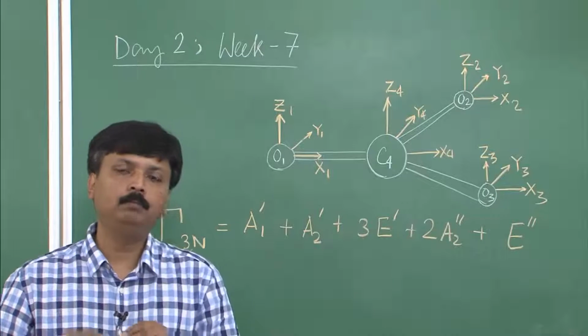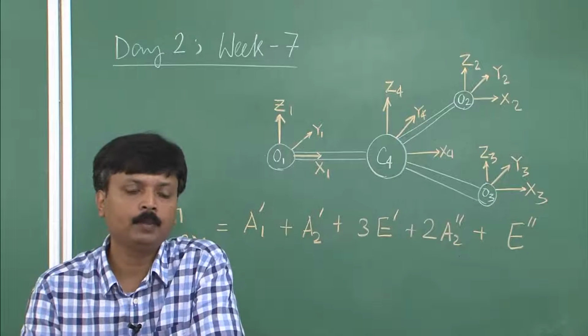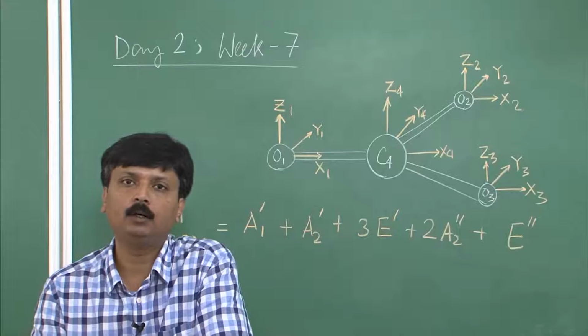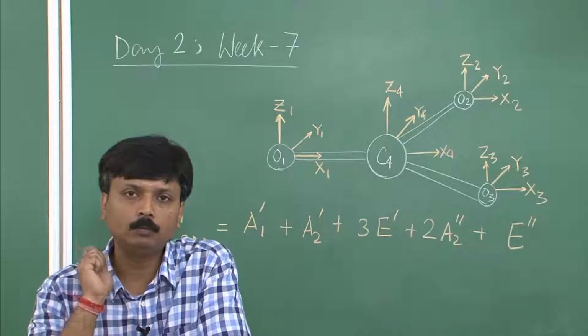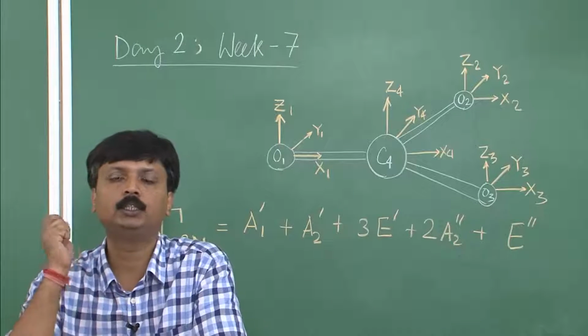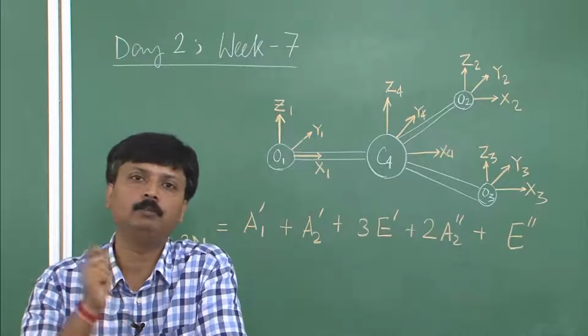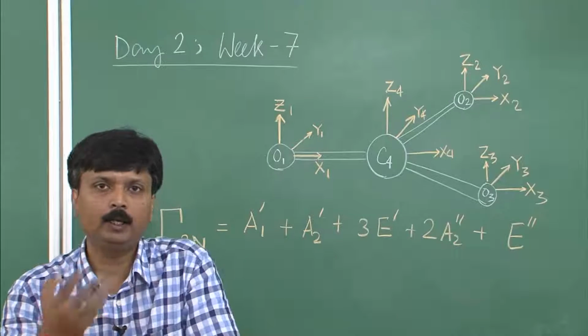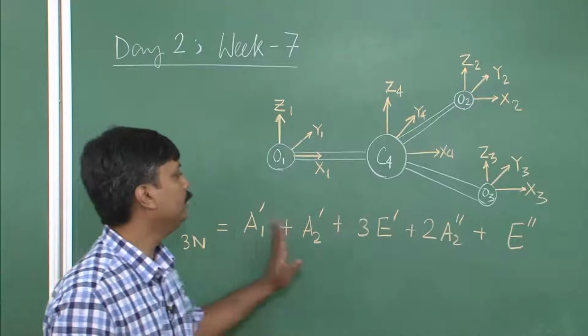So we have used 3n basis vectors, meaning that we have considered all the possible motions, translations, rotations as well as vibrations, and they altogether transform as this many number of irreducible representations.